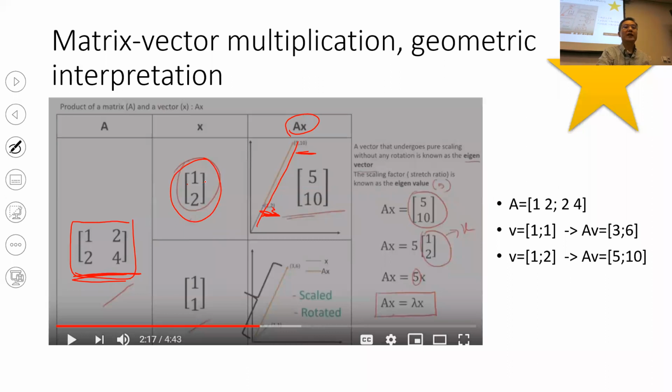You can choose other data points. For example, 1, 1, you multiply it by this, and you will see not only the scale changes, the norm, but also the angle. That's a regular case. Normally, most data points after this will have both norm change, the scale change, and also direction change.